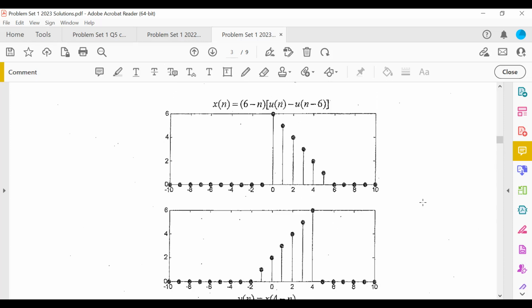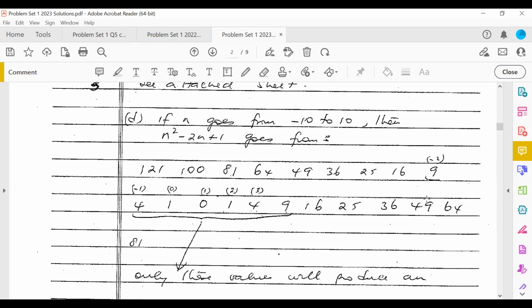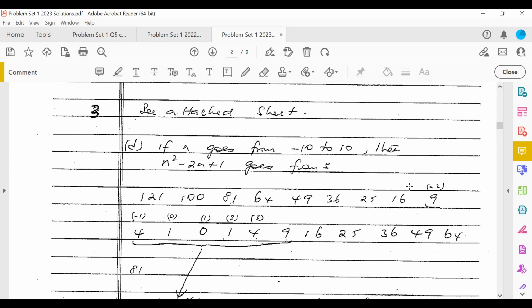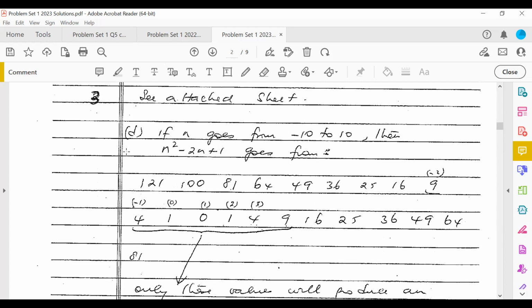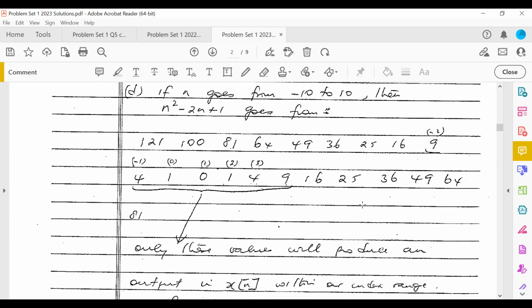Yeah? And then the last one is y is equal to x into this thing, n squared minus 2n plus 1. So it's the same thing. These are the index values of xn that are going to be either upsampled or downsampled, depending on the values of n. So if you run n from minus 10 to 10, the actual index values are going to go from 121 all the way up to 81.